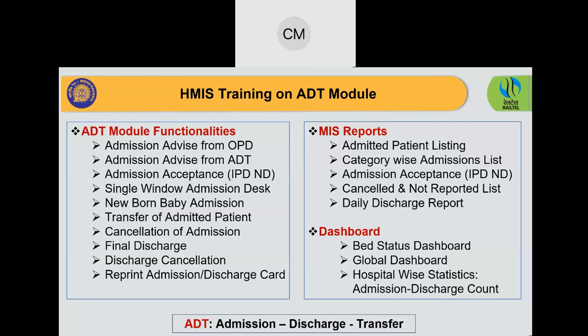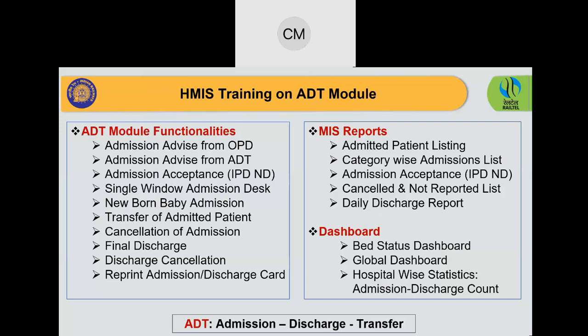So why we have kept these two modules separate is, under the ADT module, the administrative processes related to the admission are handled. So the administrative activities with reference to raising an advice and then accepting them, admissions, discharges, then transfers from one ward to another ward, those decisions and activities will be covered under the ADT module.